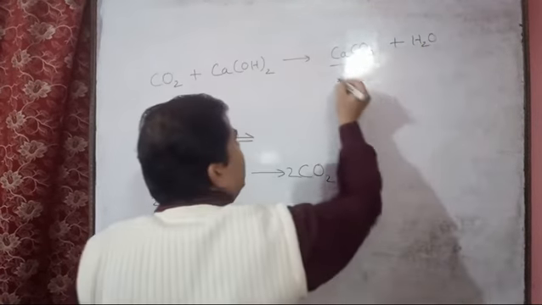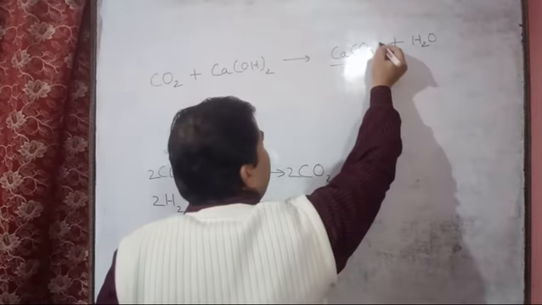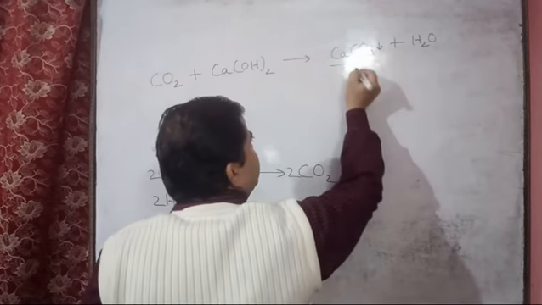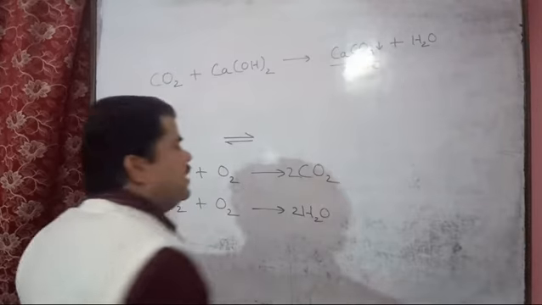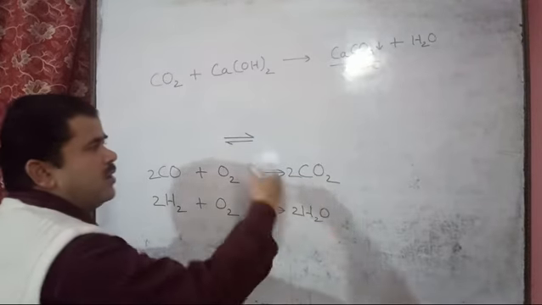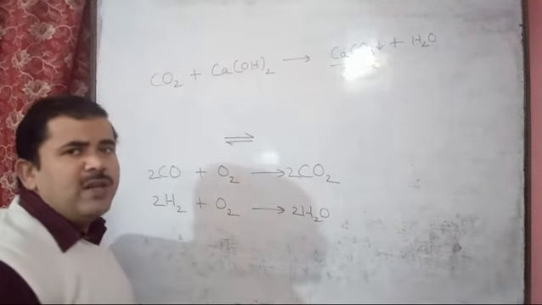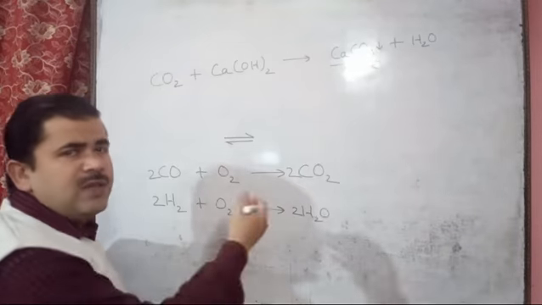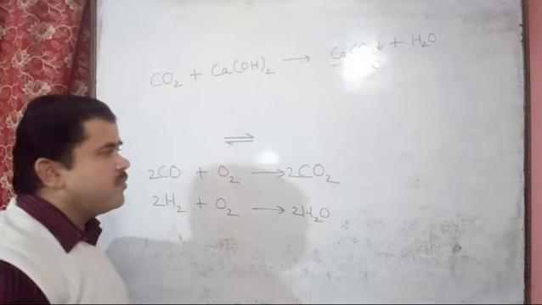Calcium carbonate is a precipitate, and its color is white. So this is the reason that if we pass this carbon dioxide, we get the milky color due to the formation of calcium carbonate.